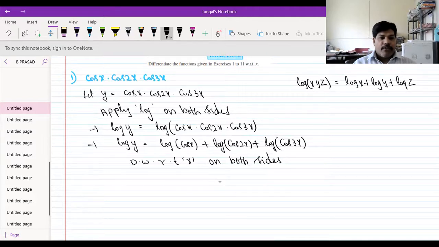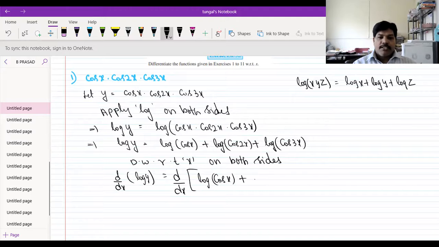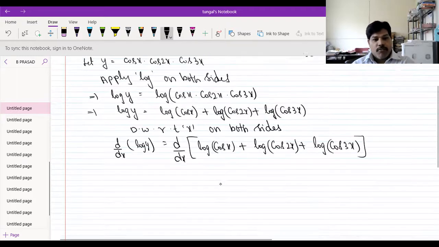If we apply the derivative here, what will we get? d by dx of log y is equal to the derivative of log of cos x plus log of cos 2x plus log of cos 3x.